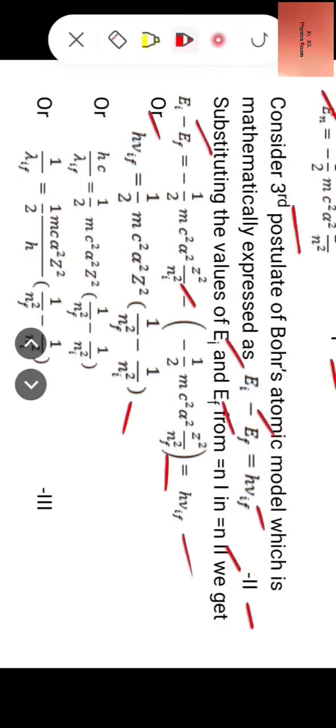Now we replace nu IF is equal to c by lambda IF. Therefore, we can write hc divided by lambda IF is equal to half mc square alpha square Z square within bracket 1 by nf square minus 1 by ni square.